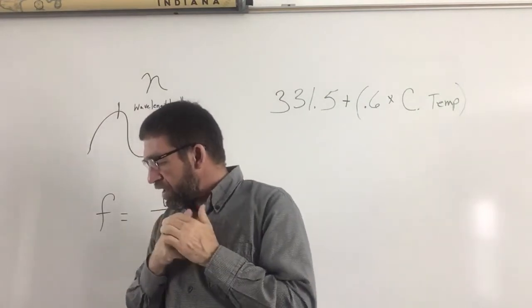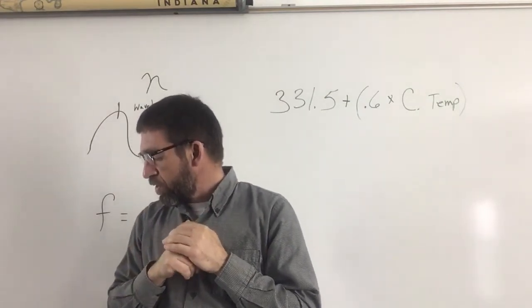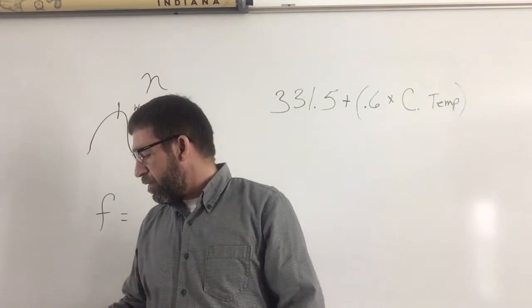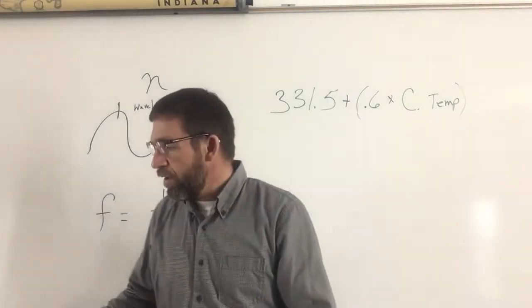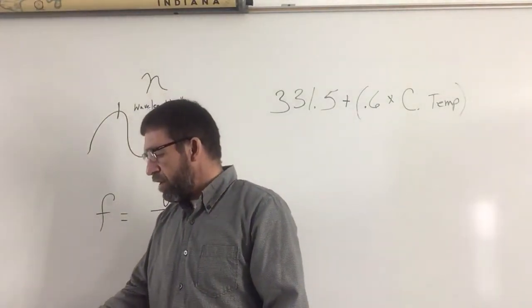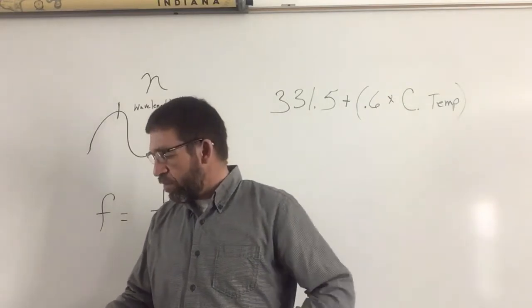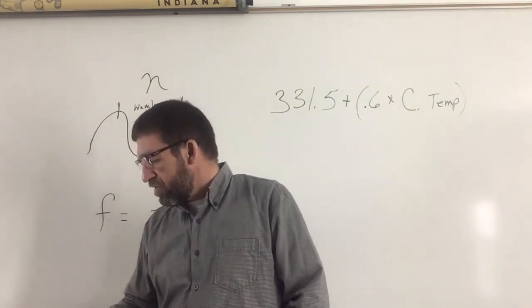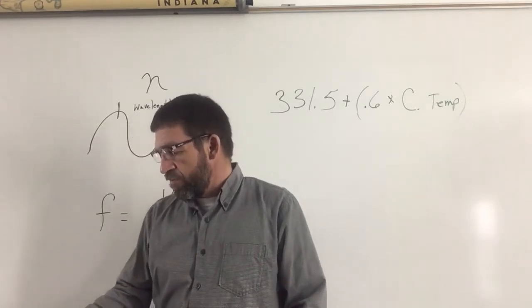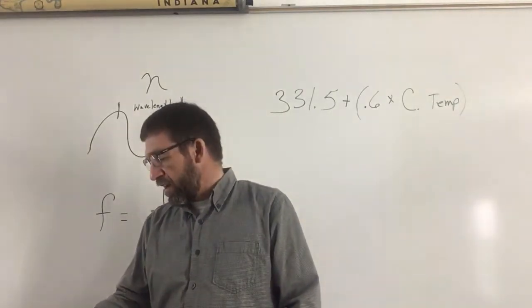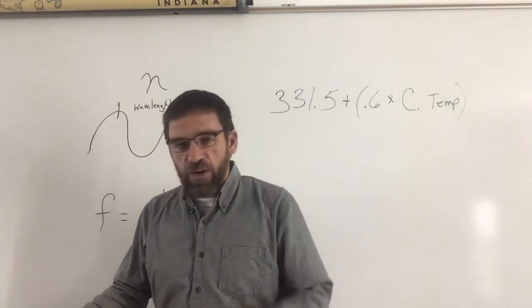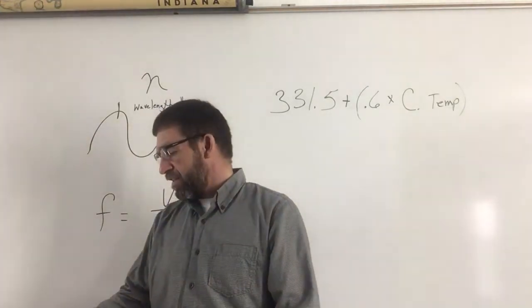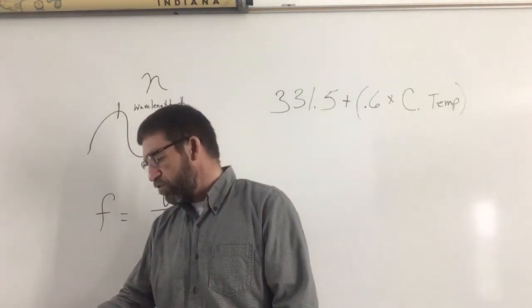Well, look at your table or your chart on page 351, Table 14.1, the speed of sound in certain substances. Okay, the substance is air, and it's 25 degrees Celsius. They said it's 346 meters per second.